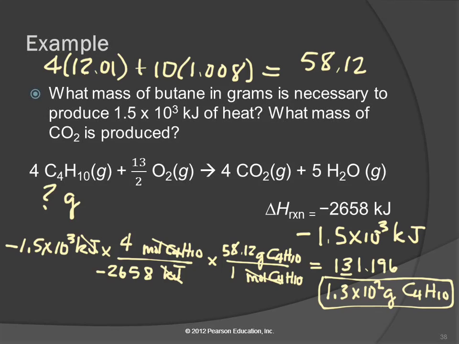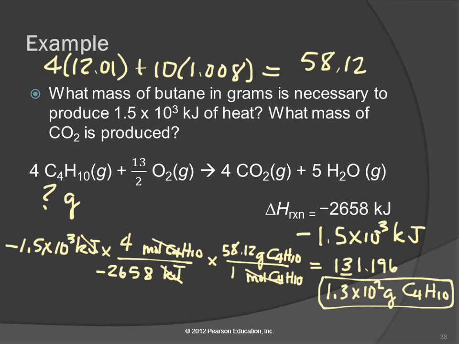But there's another question, isn't there? How would we calculate the mass of carbon dioxide? We could either do this same thing with carbon dioxide, or you could take this number and do regular stoichiometry and go from this mass of butane to moles of butane to moles of carbon dioxide to mass of carbon dioxide.